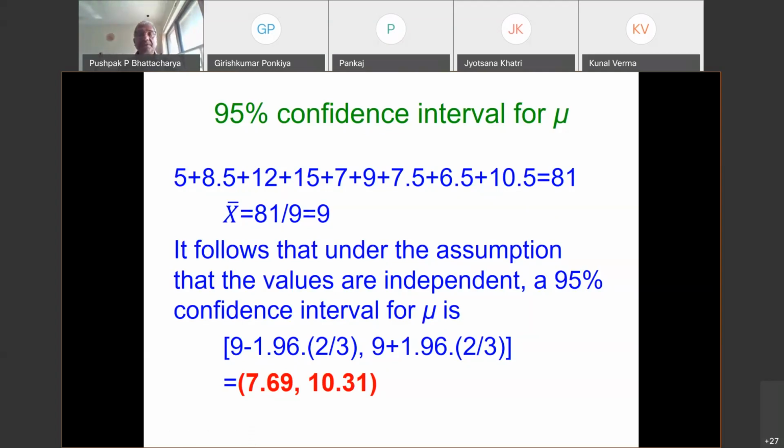This is a very powerful result: if I have the sample mean, then with 95% confidence, I can say that the population mean will be in this interval. 95% confidence means that the probability of the population mean lying in this range will be 95%. And this kind of reasoning is at the heart of test of hypothesis.